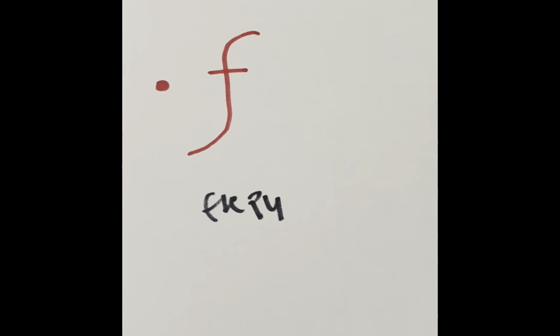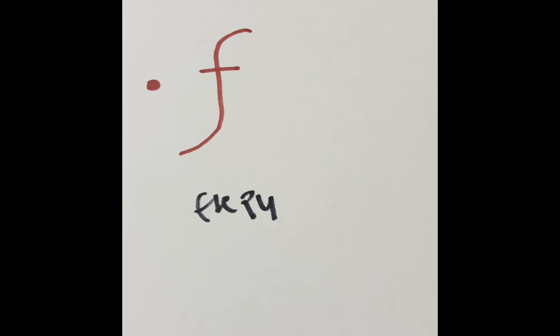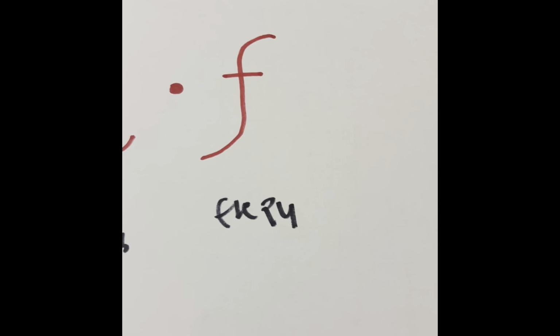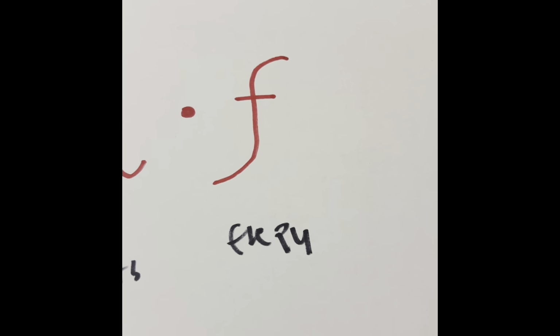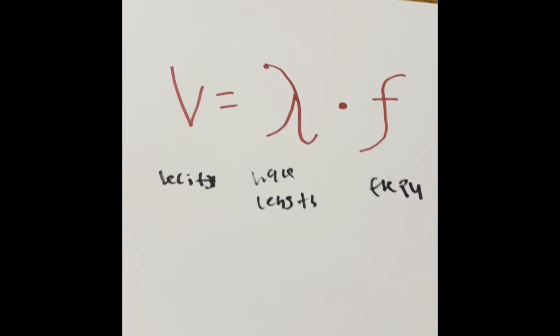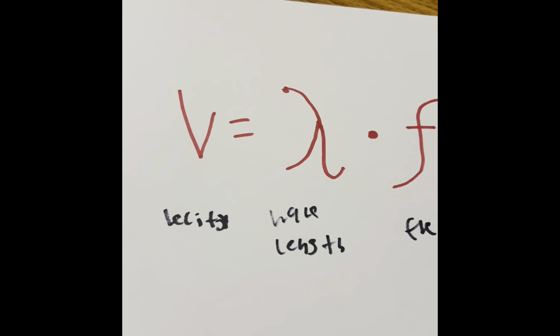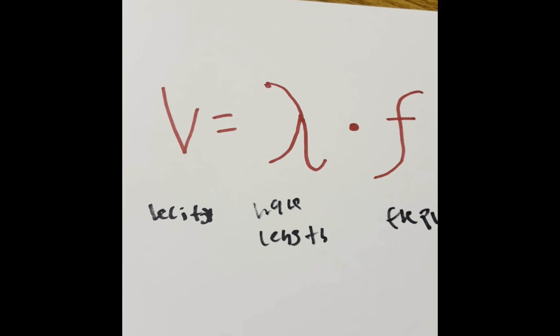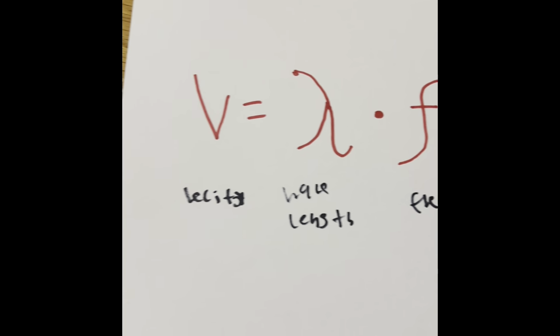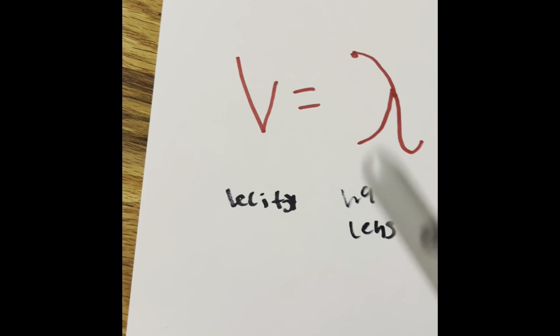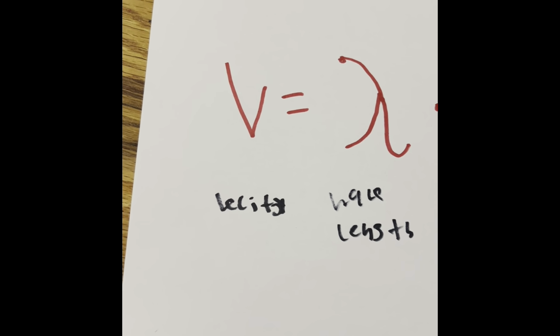The frequency is basically how many waves are passing in 1 second. The wavelength, from the last video, is the distance between crests. And the velocity is the speed of the wave, what we're trying to find.